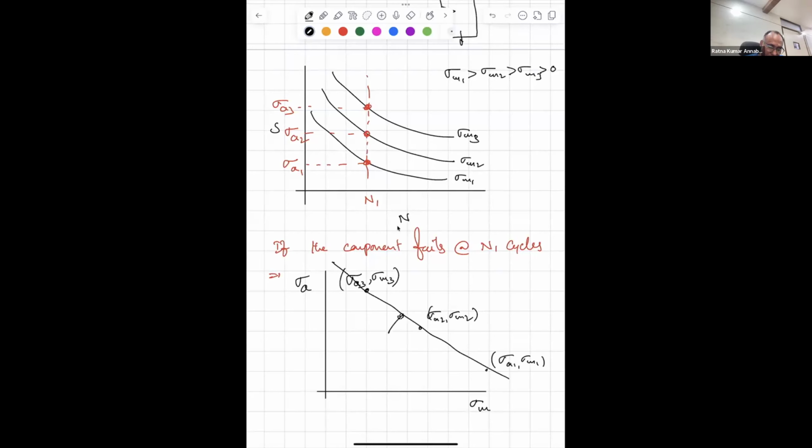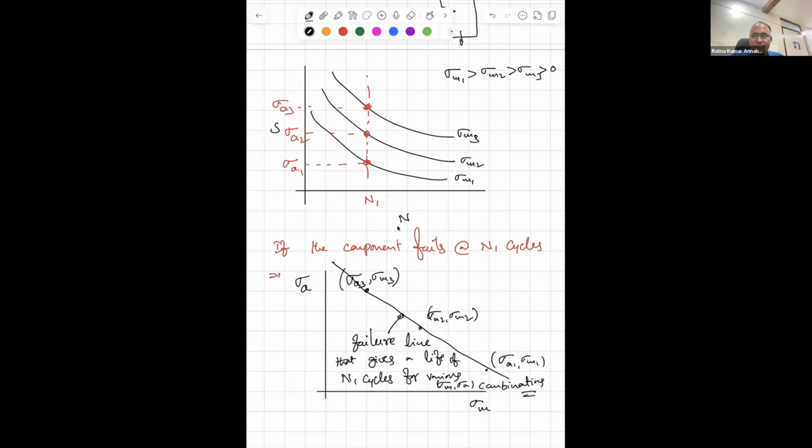So this represents a failure line that gives a life of n1 cycles for various sigma m, sigma a combinations. Is that clear? Are there any questions here?